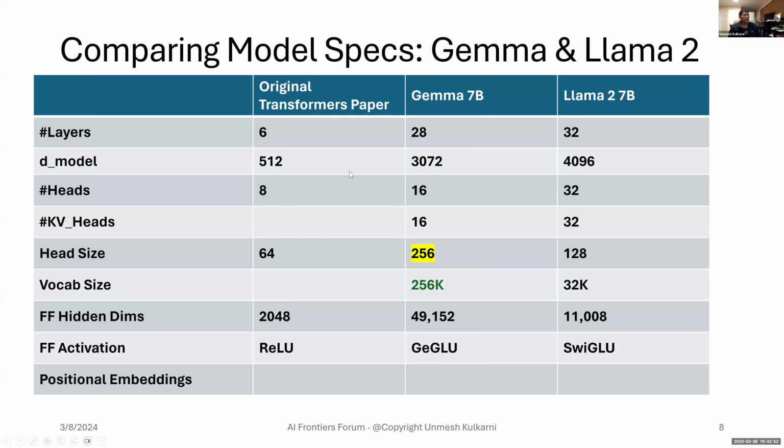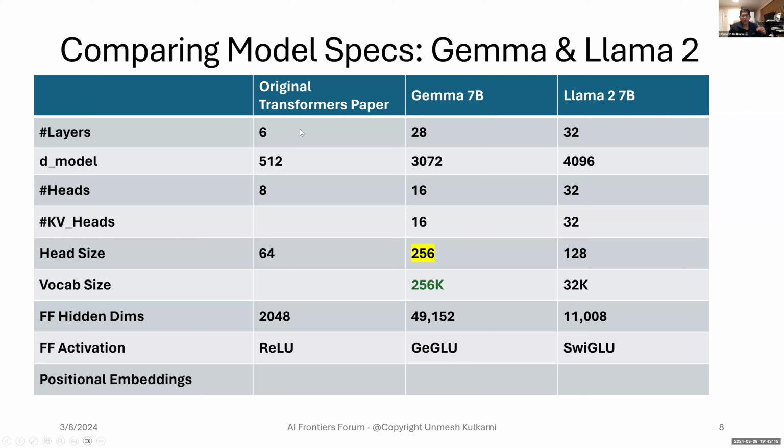All right, let's go and look at the Gemma and Llama 2 model comparison. For fun, I also put together the original transformer paper, Attention Is All You Need. That was the reference implementation, so I put the numbers from that paper in too.